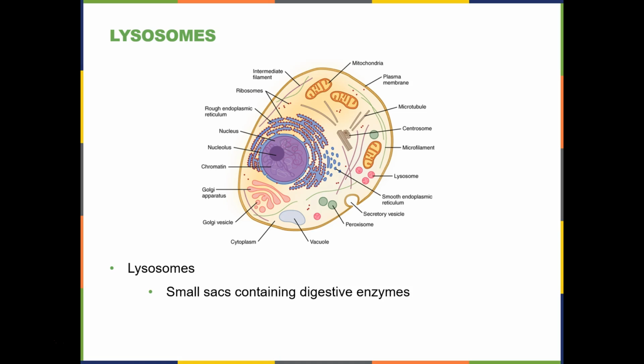So what they're going to do is they bind to other organelles or other structures that are damaged, and they help to degrade them. They also bind to the vesicles that are brought in via endocytosis. So if you take in some large material like a bacterial cell, the lysosome can bind and break down that bacterial cell so it can't do damage to the rest of the cells of your body.